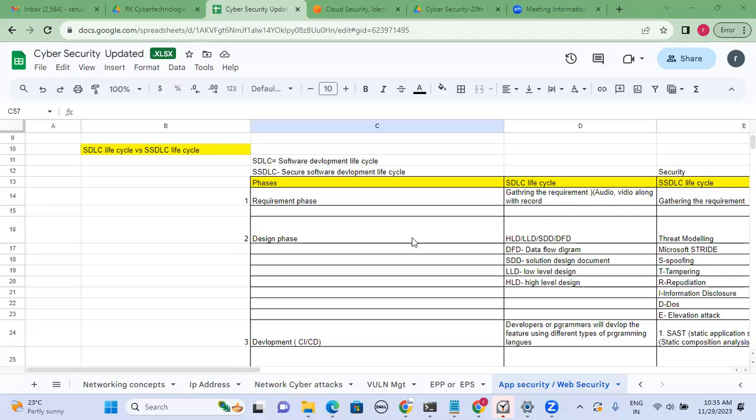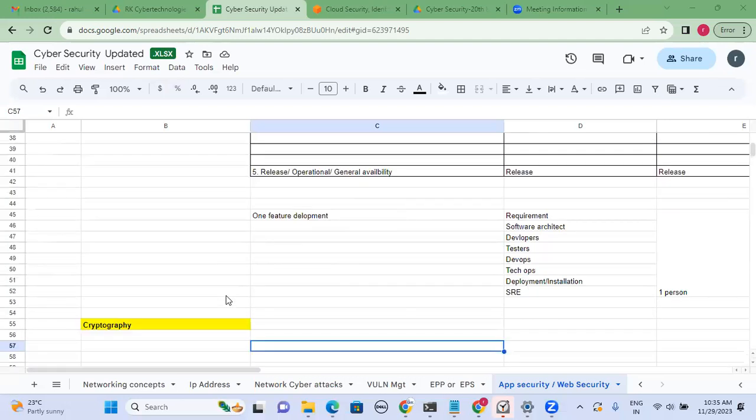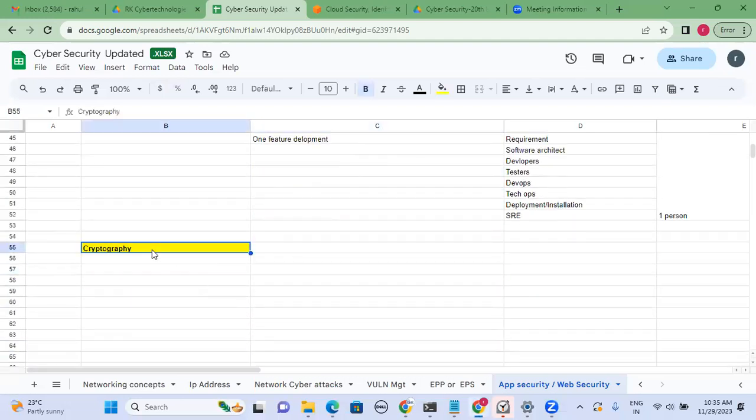So coming back, today's topic is cryptography. Basically, this concept has existed from long back. Cryptography's general meaning is a secure way of communication. How is a secure way of communication possible? Through encryption.